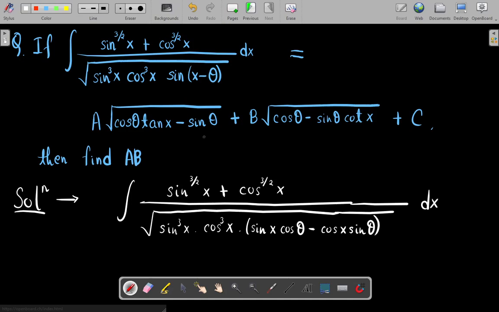I've just expanded this sin(x − θ) here.